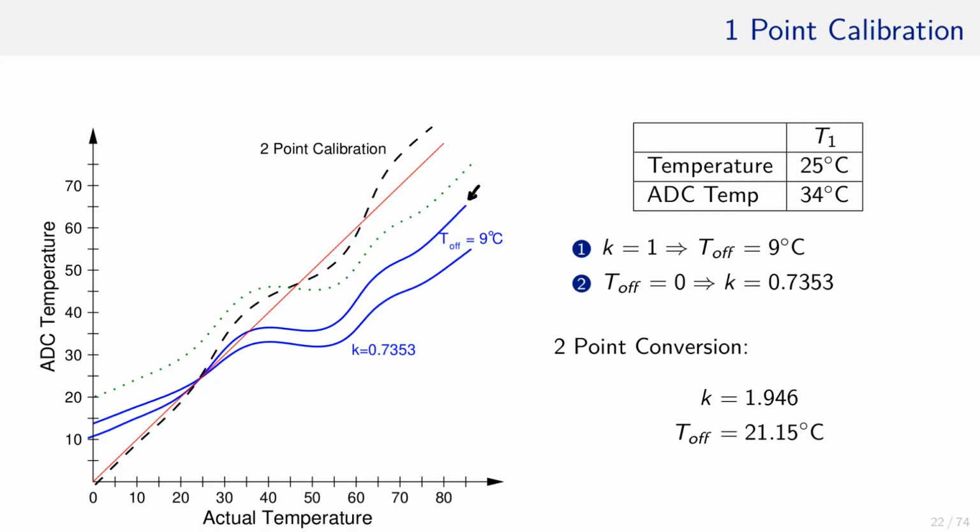However, if a range of temperatures is to be measured, 2 or even more points for polynomial interpolation are required. The more calibration points you have, the more accurately you can adjust the green dotted line to the red ground truth.